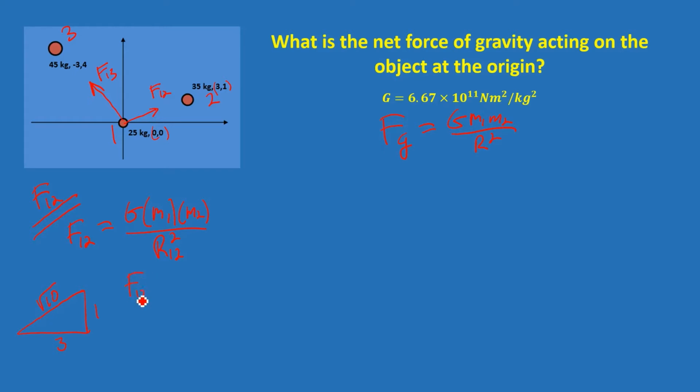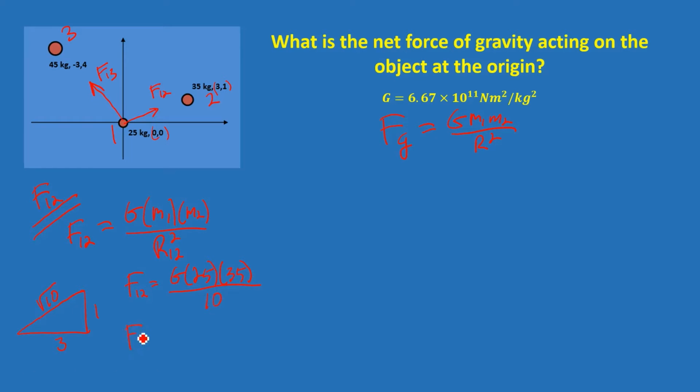And so our F12 will be equal to G, we're going to go ahead and plug some numbers in. 25 times 40, nope, not 45. That would be the other one. Times 35 divided by the distance between them squared, which would be 10 because it's radical 10 squared.